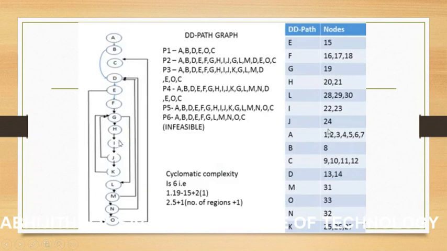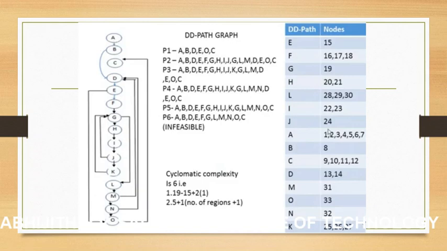Once we construct these things, we'll count the number of nodes in it. From A to O, there are 15 nodes in it, and we'll count the number of edges also. 1, 2, 3, 4, 5, 6, 7, 8, 9, 10, like this. So here the number of edges is 19, and we will calculate cyclomatic complexity.